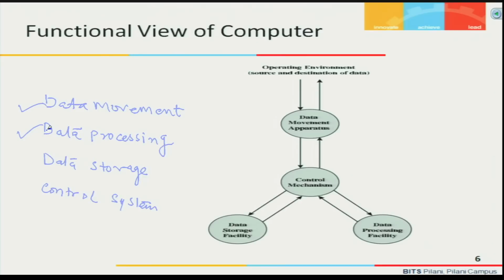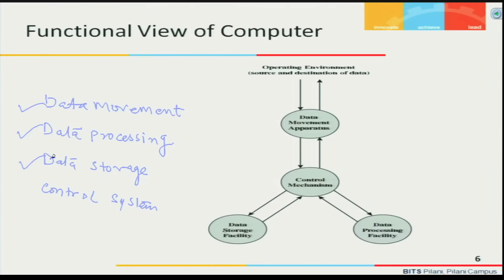For performing the addition operation I need processing. The data has to be processed, meaning the two numbers have to be read and stored in the memory, and then the addition operation has to be performed on these two numbers. That addition operation is processing. We are processing the data. So, functionality wise I can say processing is one of the functionalities.